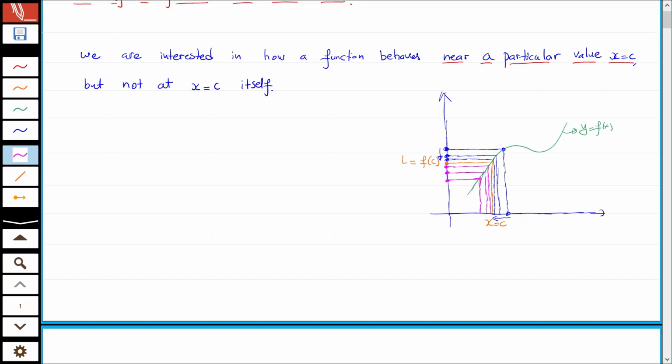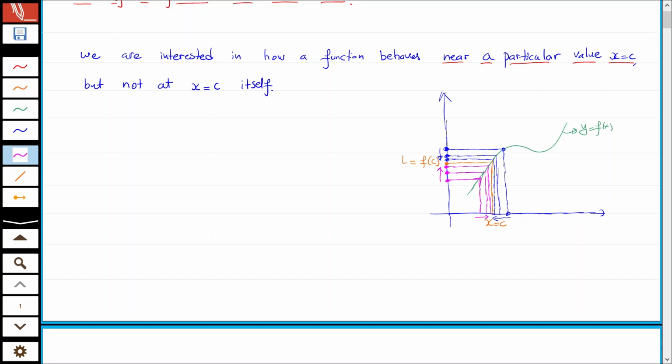So as I go close to x equals c this way, the same thing is happening. My y values are getting closer to this orange dot, which we are saying has a value L on the y-axis. So in this case, when we move towards x equals c from both sides, our value on the y-axis is going towards the value L. If that happens, we say that the function has a limit L as x approaches c.